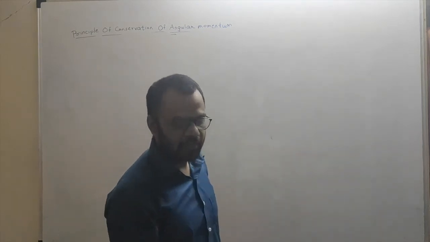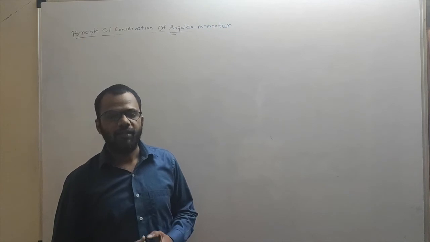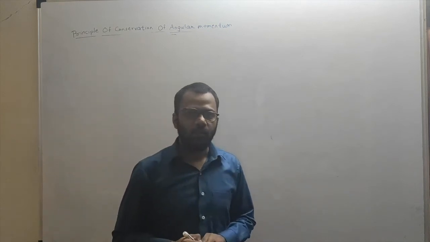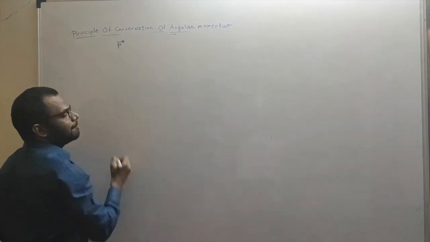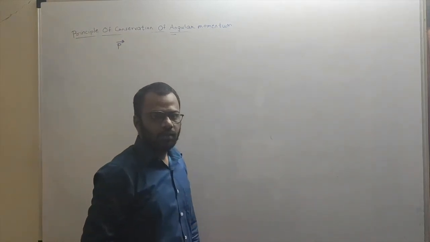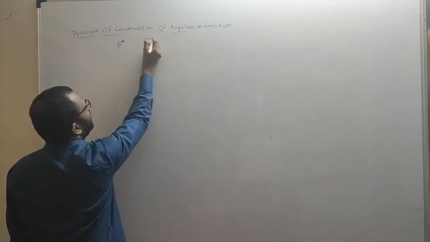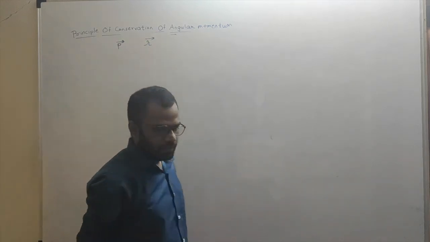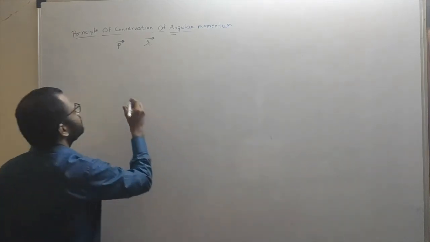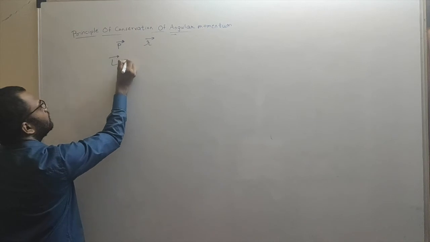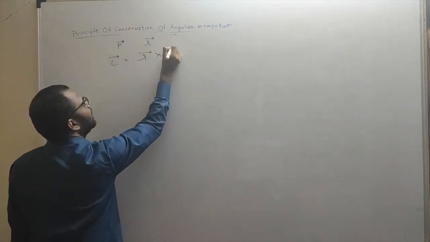Consider a particle of mass m having linear momentum p bar. Its position vector with respect to origin is r bar. Angular momentum of that particle will be r cross p bar.